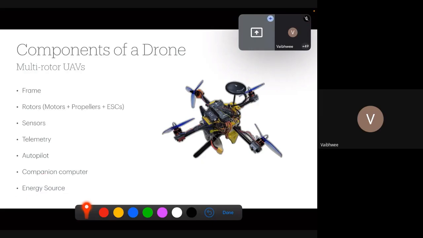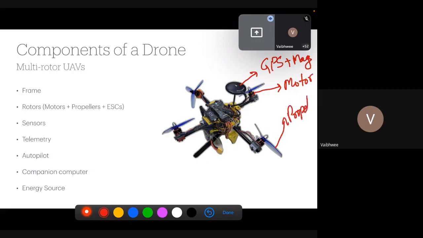If you see this figure, this one here is the GPS, and this module usually comes along with the magnetometer. We'll see what these are. This is the motor, and the blue ones that you see here are the propellers.